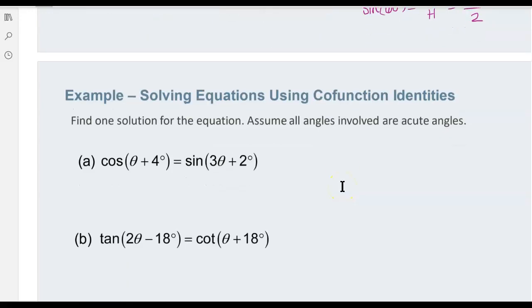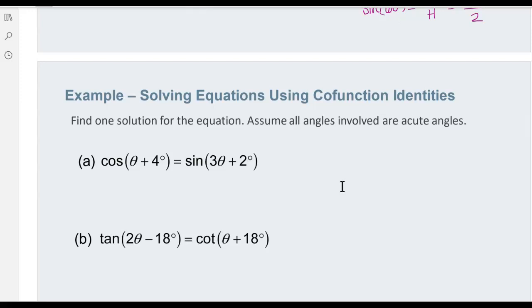Here's an example that we can use of solving a simple equation using cofunctions. For example A, we're looking at the cosine of some angle and the sine of some angle, and those two things are equaling each other.